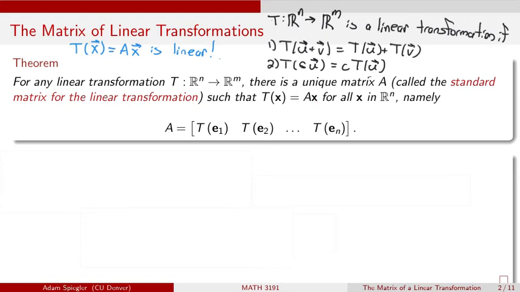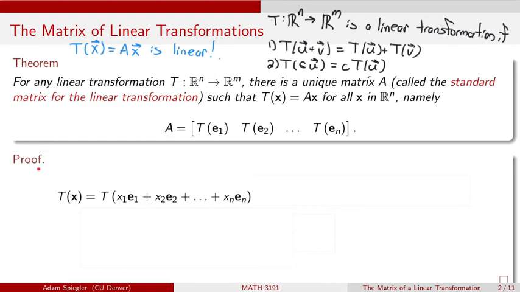And we call this the standard matrix because we're basing this on the standard column vectors that we were introduced to in the previous example. And so this matrix A is going to have its first column be the image of standard vector 1. Its second column is going to be the image under T of standard column 2, and so on. So here we've just written out generally what we showed in the previous example, but let's prove this for the general case.